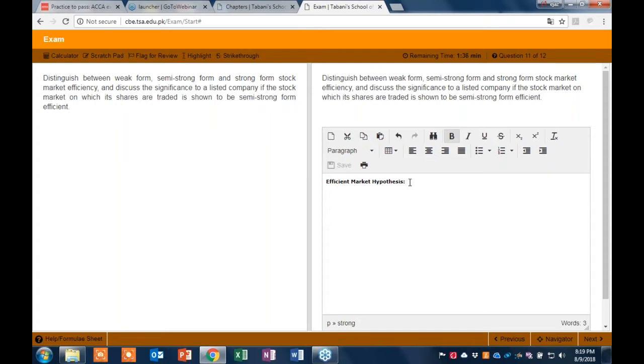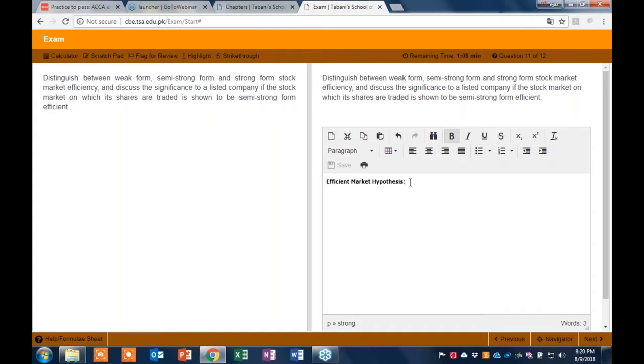So what will be the value of the company after acquisition, but before publicly announcing the earnings expected? As you know, in a semi-strong form, whatever is not made public will not be reflected in the value of the company.